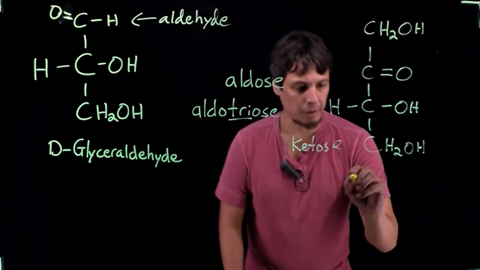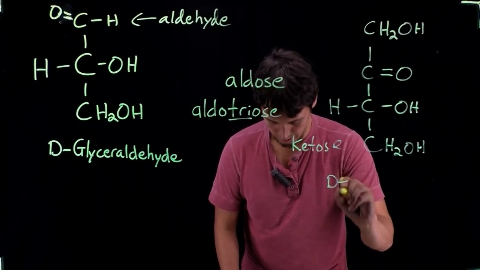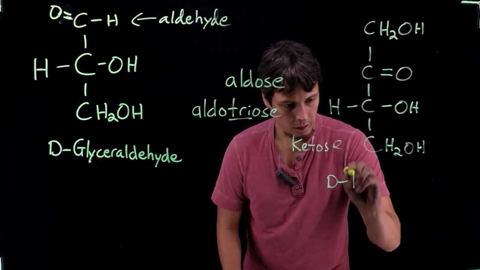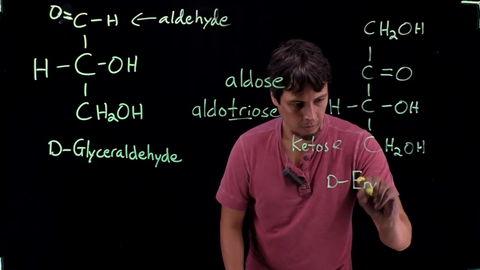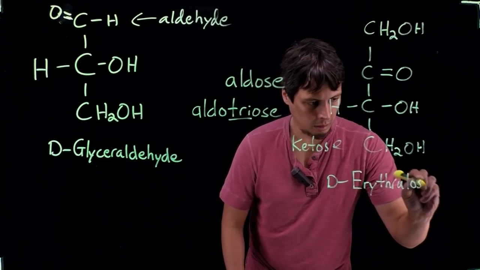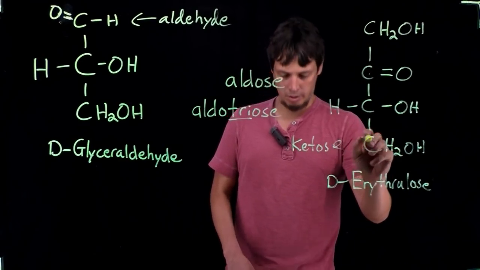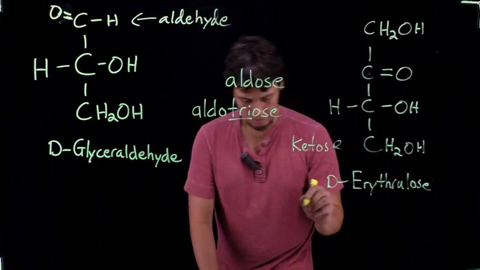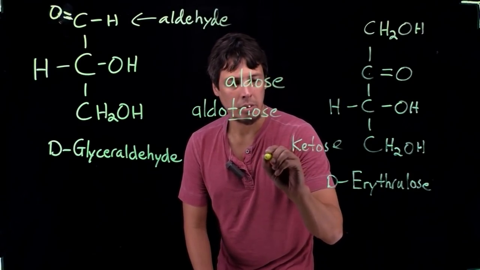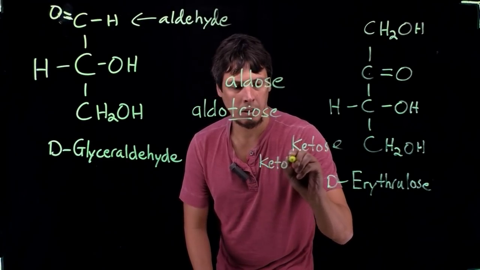The specific name for this is D-erythrulose, and this has 1, 2, 3, 4 carbons, and so we can further categorize this as a ketotetrose.